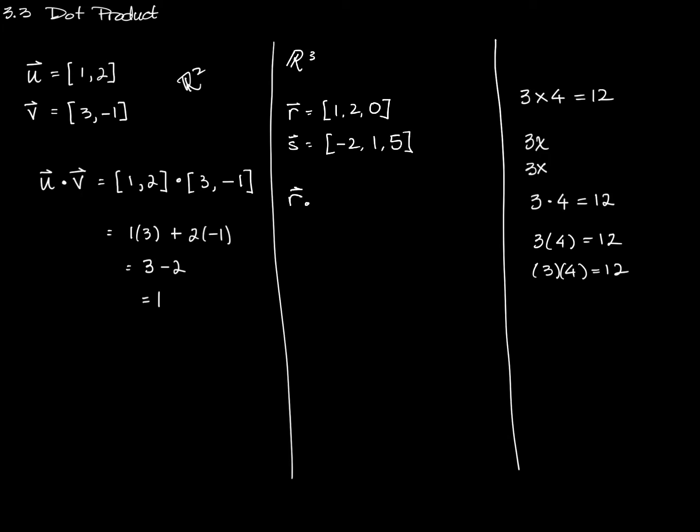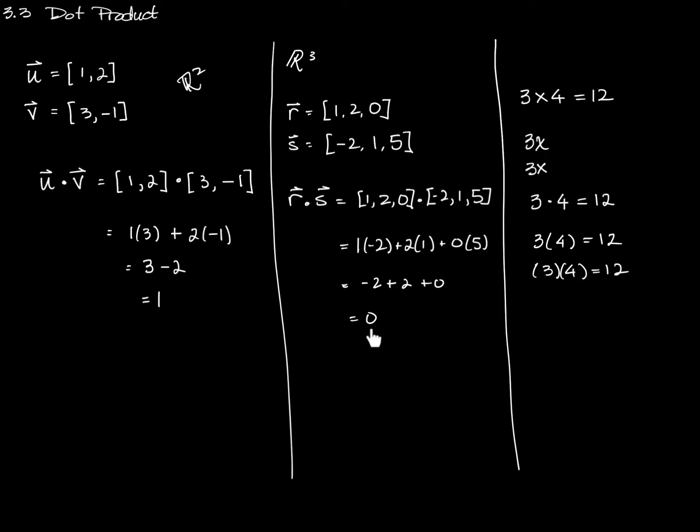Then R dotted with S is (1, 2, 0) dotted with (-2, 1, 5), which ultimately is 1 times -2 plus 2 times 1 plus 0 times 5, which is -2 plus 2 plus 0. So in both cases, when we did this dot product, we ended up with a scalar, a number. In this case, the scalar was 0.